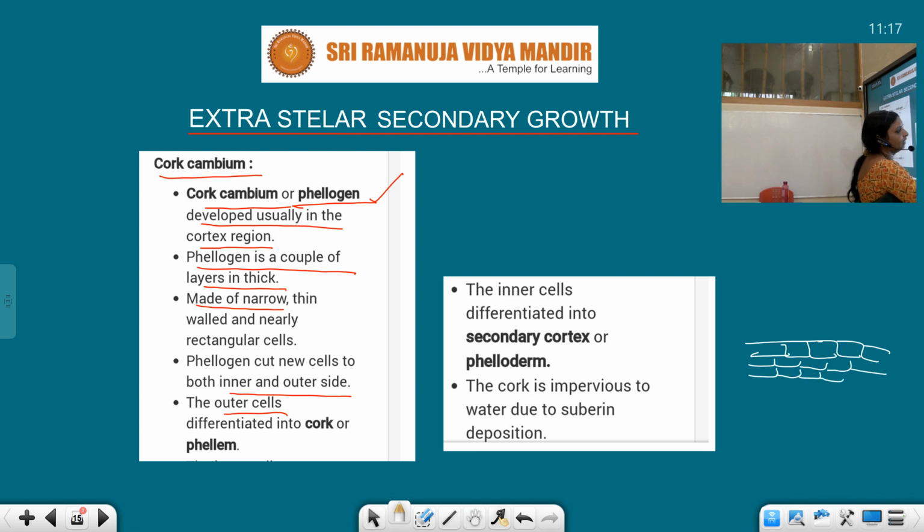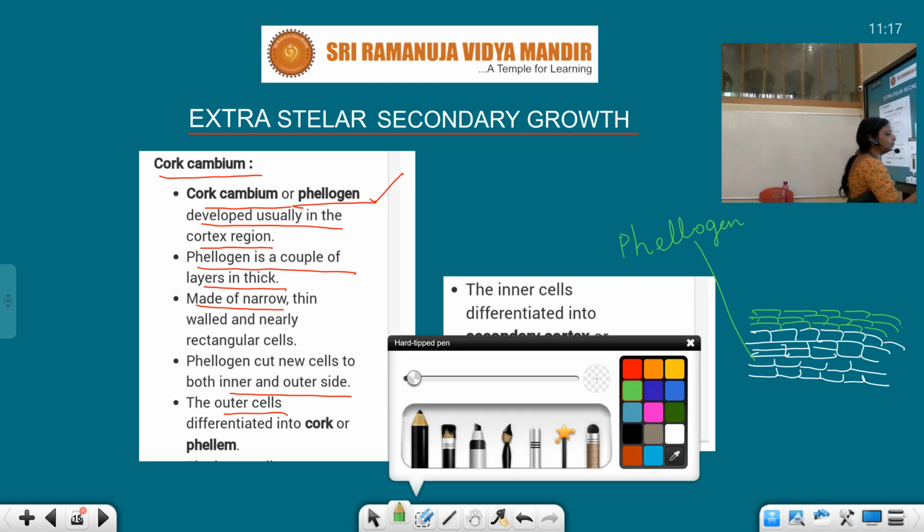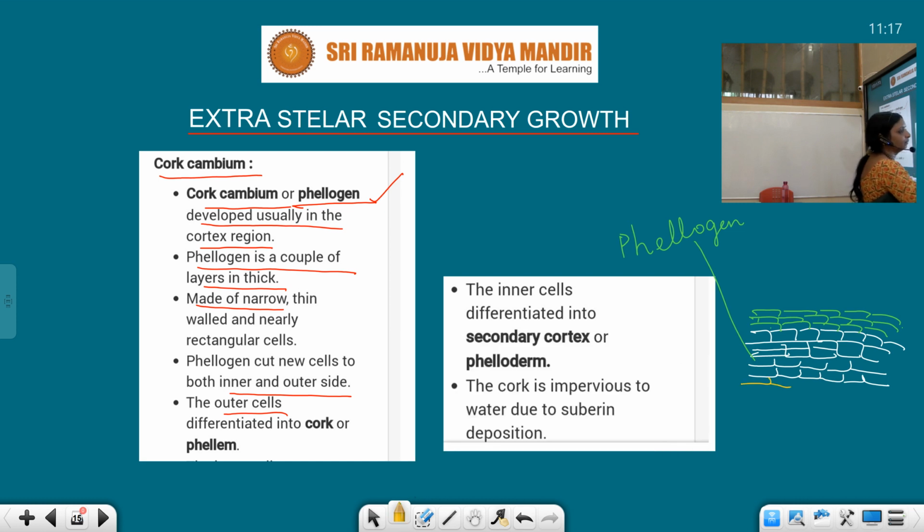Again, these cork cambial cells undergo division, and some cells are formed towards the outer side, like this. So this is the phellogen part. Some cells are formed on the outer side, and some cells are formed towards the inner side.